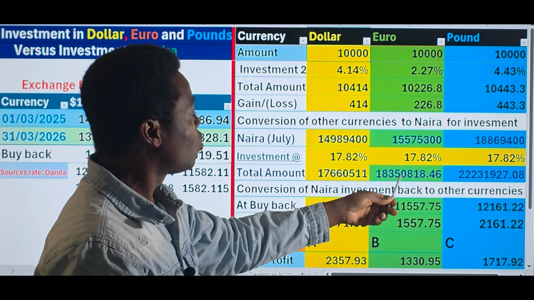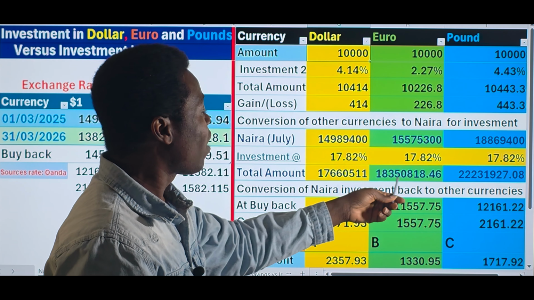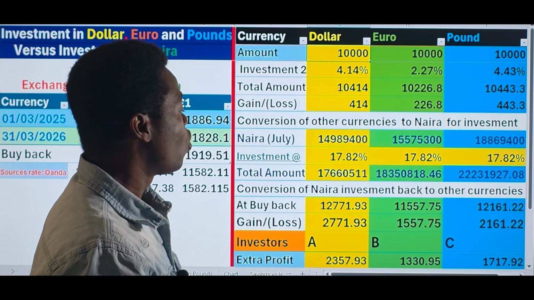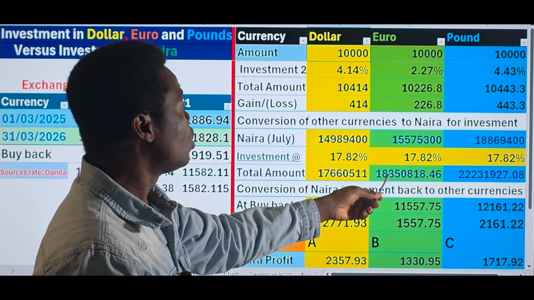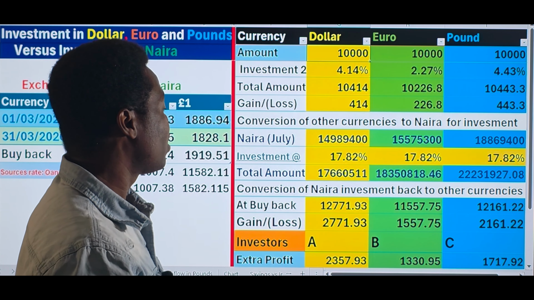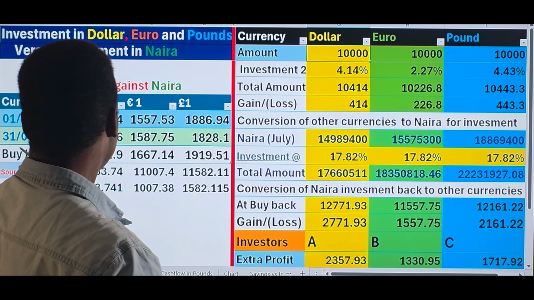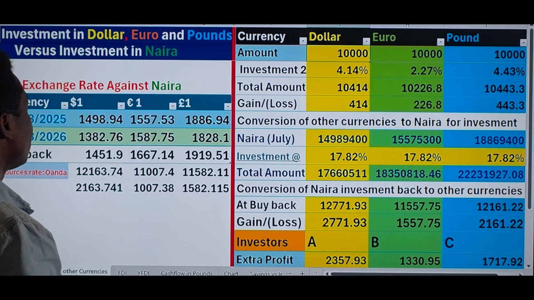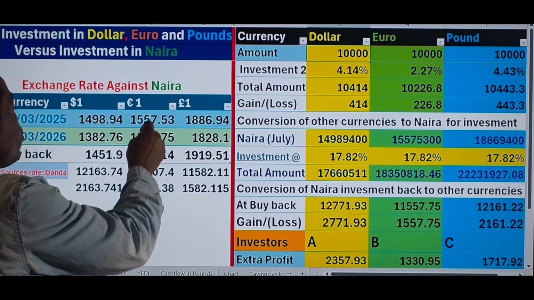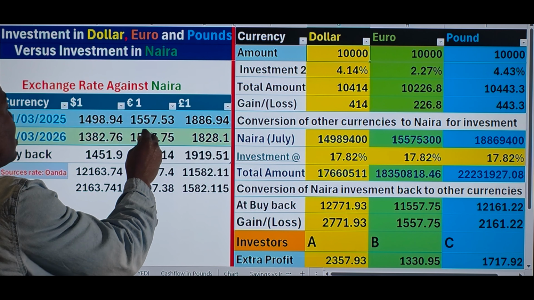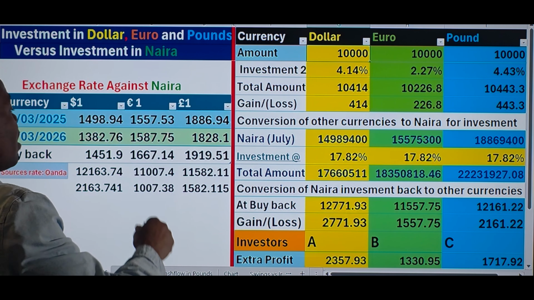How he will be able to do that is by converting this amount he realized back to euro. Then you will need to take the exchange rate as at the date this investment ended, which is 31st of March 2026. The exchange rate of €1 to naira was 1,587.75 naira.